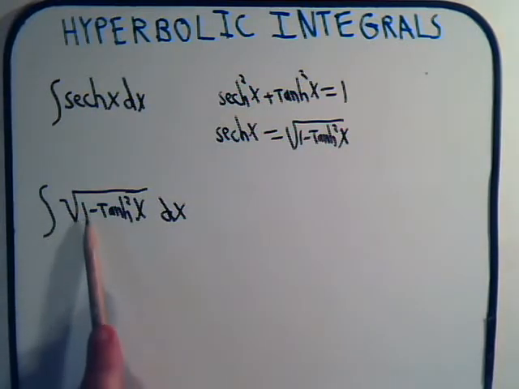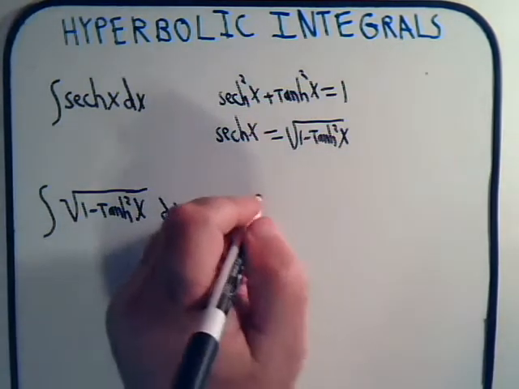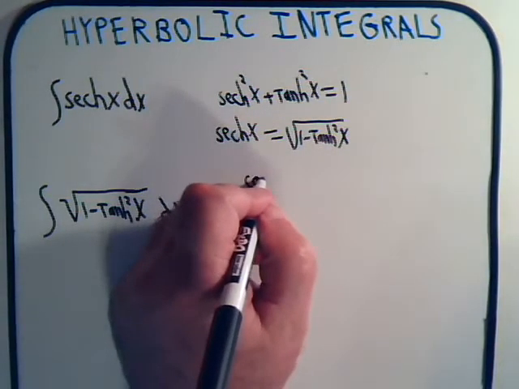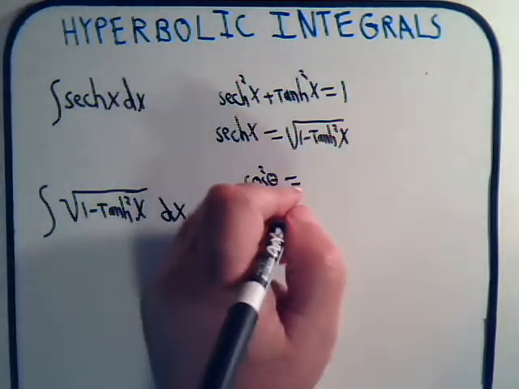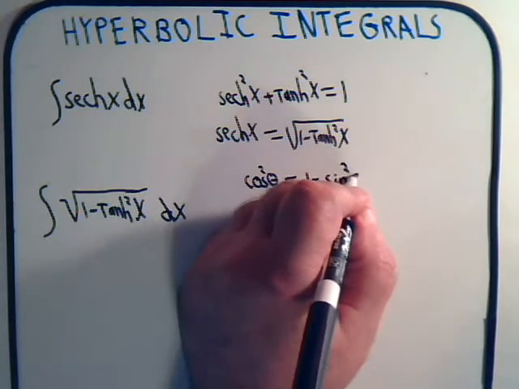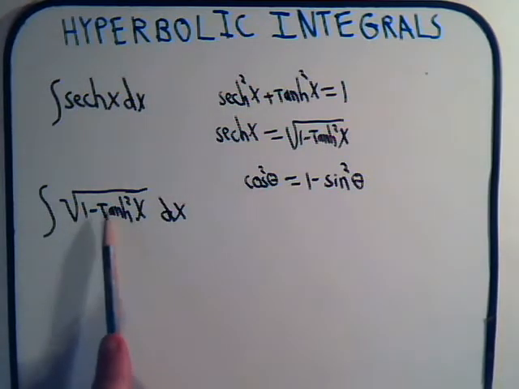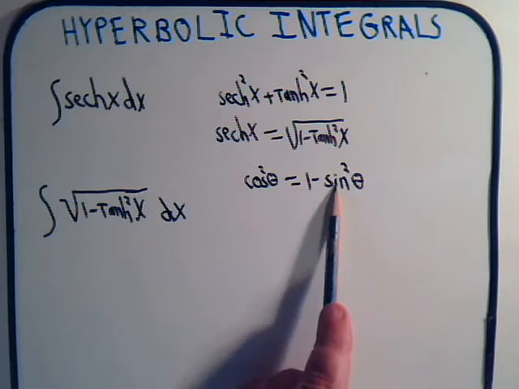And once you have it in this form, this just screams out to solve with a trig substitution. We have a constant minus a variable squared, and the trig identity that hopefully this reminds you of is cosine squared theta equals 1 minus sine squared theta. Here we have a constant minus a variable squared, and here we have a constant minus a variable squared.